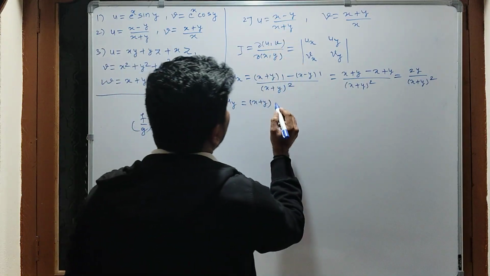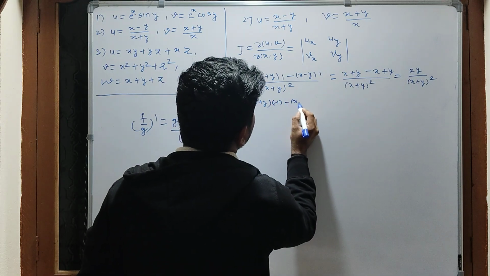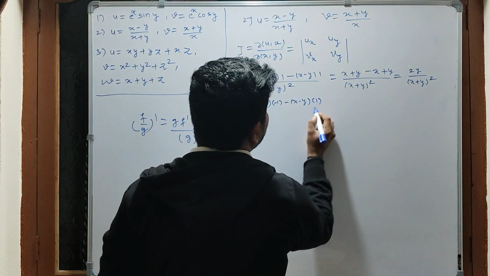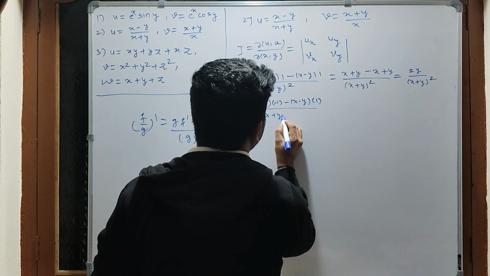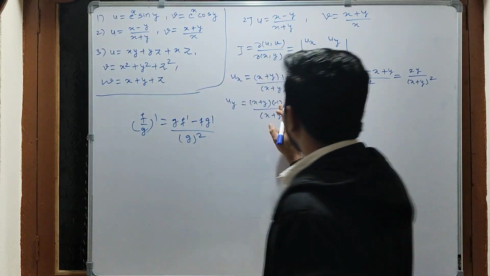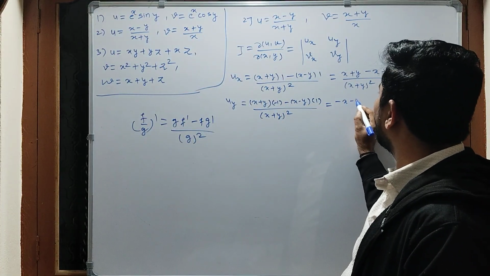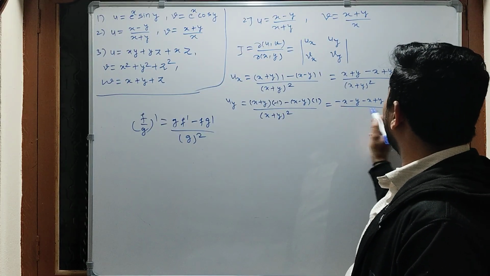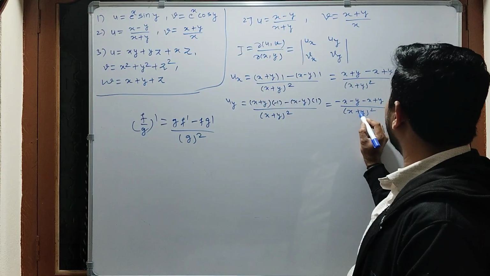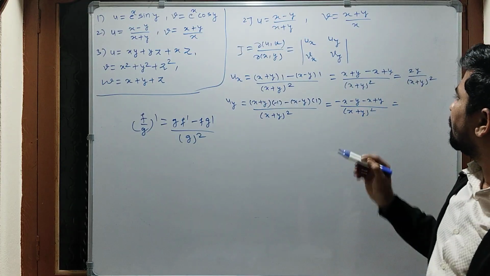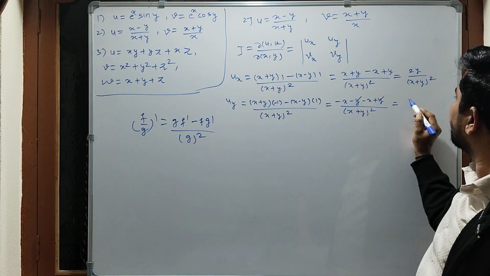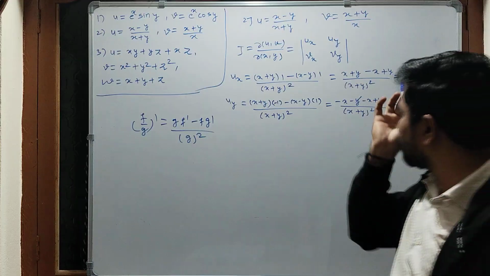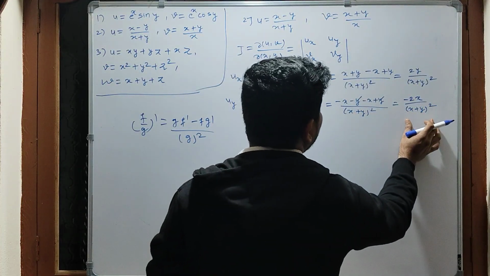The derivative of x minus y with respect to y is minus 1, minus x minus y as it is times the derivative of the denominator with respect to y, that is x plus y with respect to y is 1, whole divided by (x plus y) whole square, which is equal to, just multiplying the minus sign, this is minus x, this is minus y, and this is minus x, minus minus plus y, divided by (x plus y) whole square, which is equal to, here plus y and minus y get cancelled, this is minus 2x by (x plus y) whole square. So this is my partial derivative of u with respect to y.